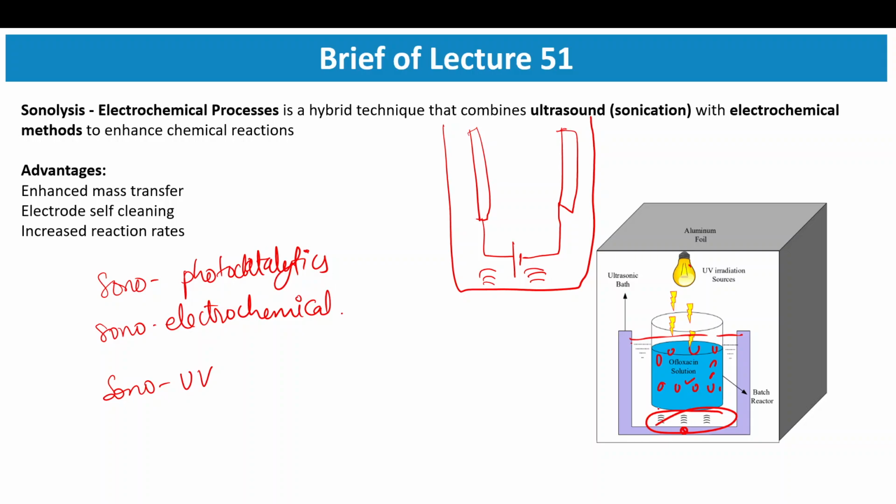So ultrasound is provided to the water solution, and UV is again passed, so that the process efficiency enhances. Again, you can have photocatalysis, where photocatalysts like TiO2 or some other photocatalyst can be used, so that you can have better efficiency.